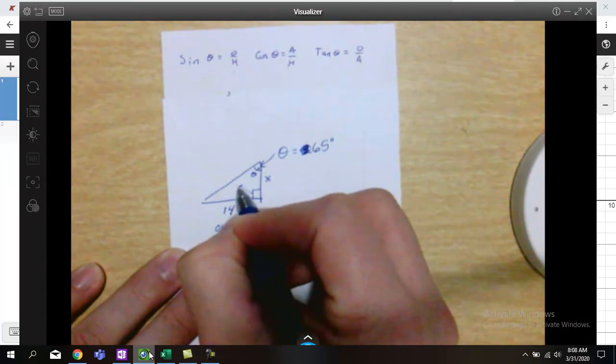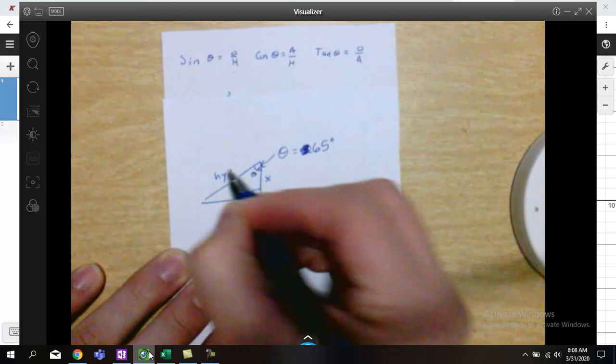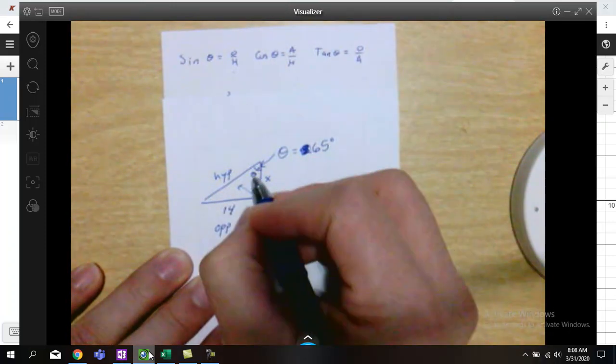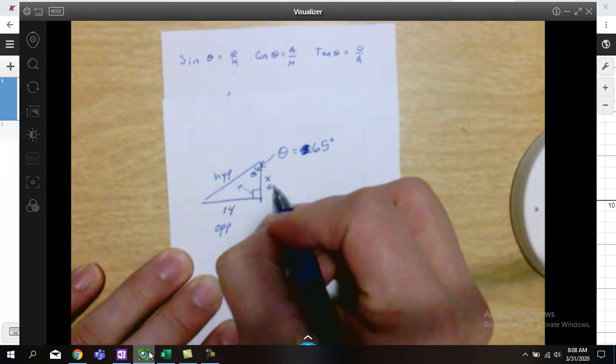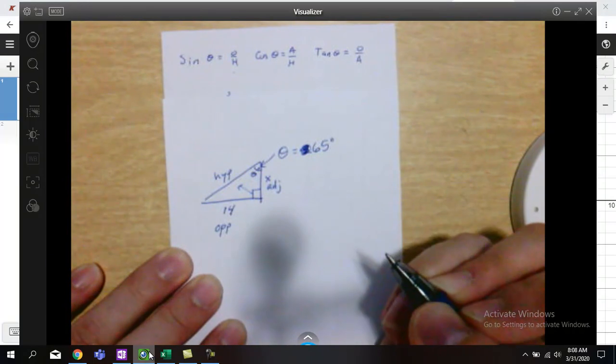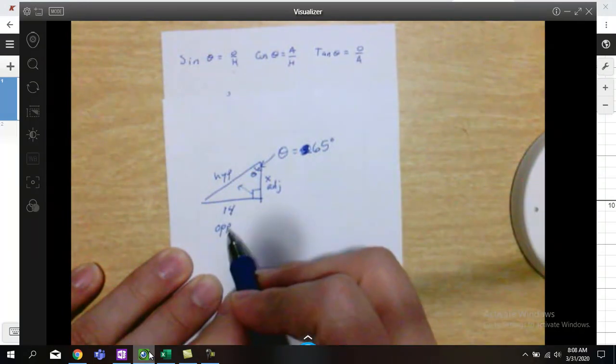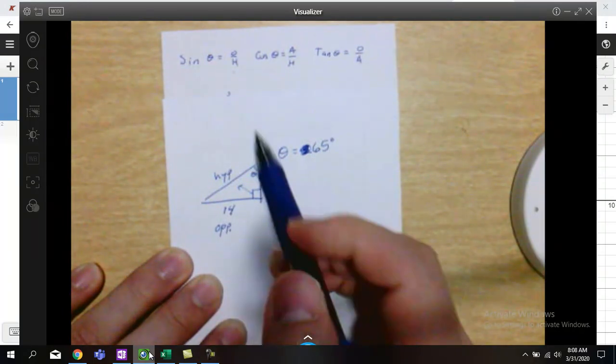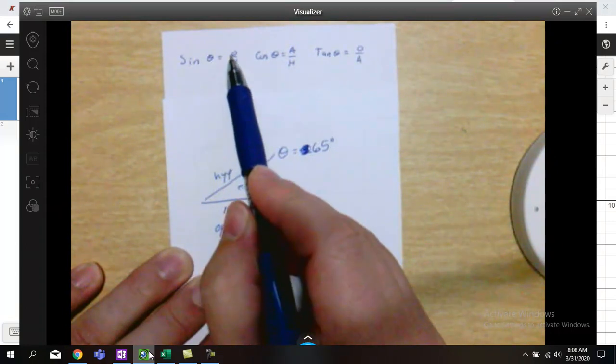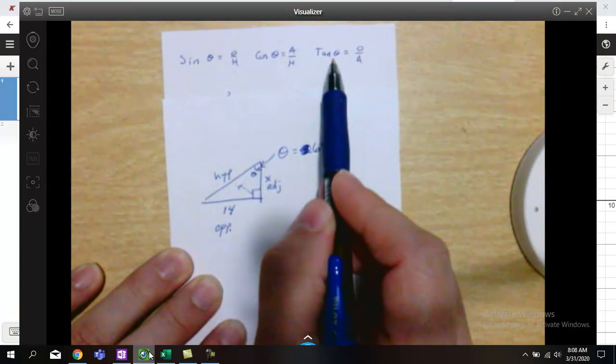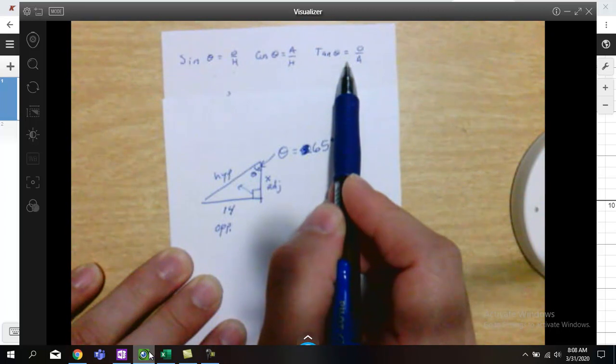Of course, we know the hypotenuse is across from the right angle, and that would leave me with an unknown adjacent side. I know that I have the opposite, so that puts me using either sine, which is opposite over hypotenuse, or tangent, which is opposite over adjacent.